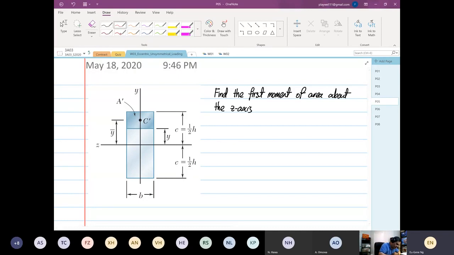Right, so again, we have in our analysis that this is our Vy. Okay, that's our Vy. So we're going to calculate our Qz, which is equal to A prime Y bar, where Y over here is a variable.